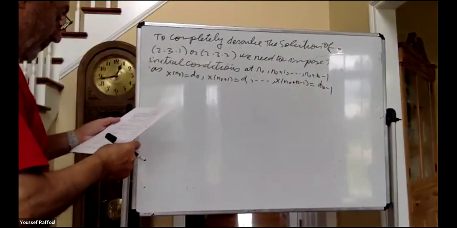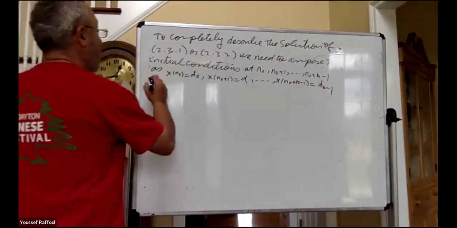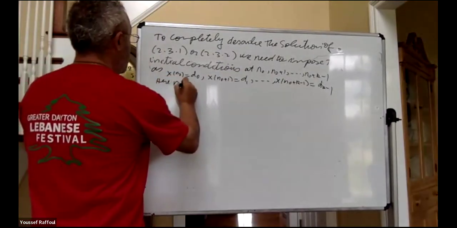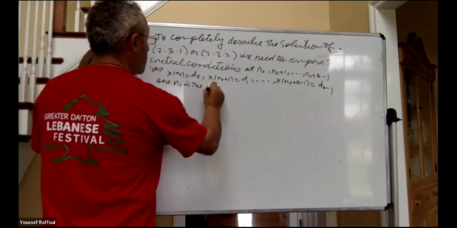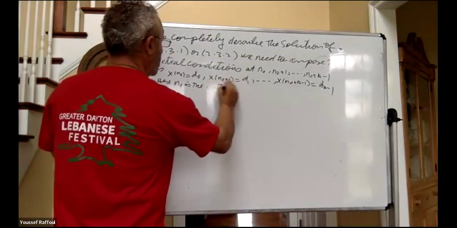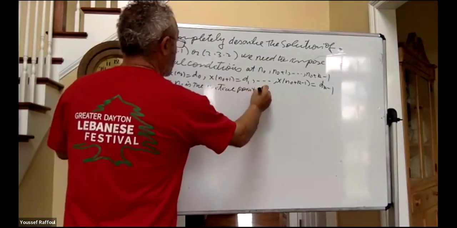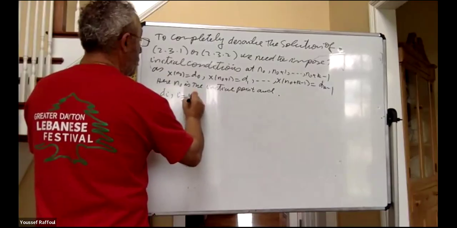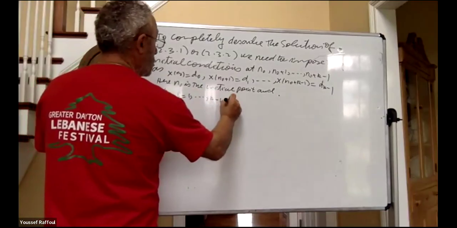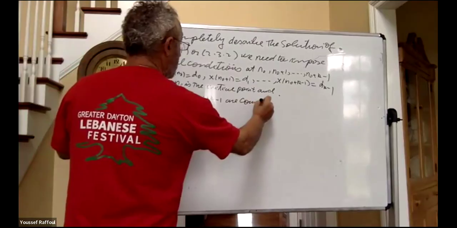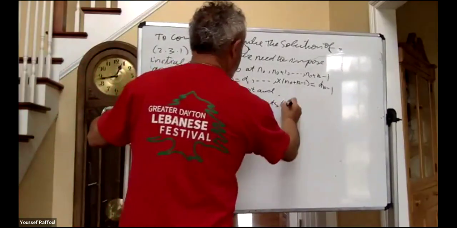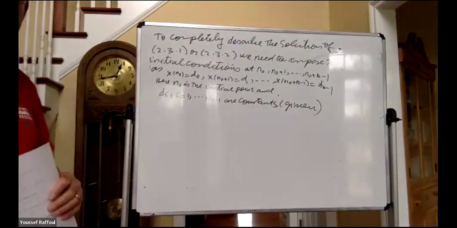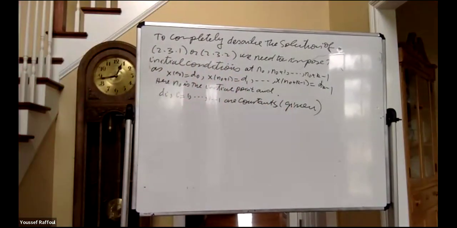Okay? Where n naught is the initial point, and d_i, from i equal 1 all the way to k minus 1, are constants. These are given constants. Okay?